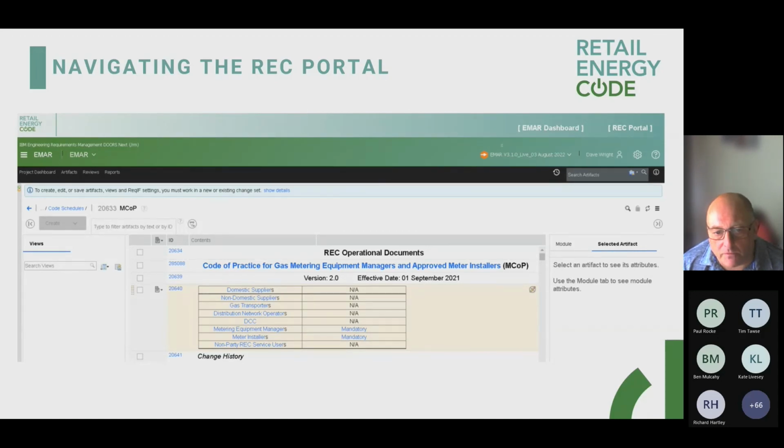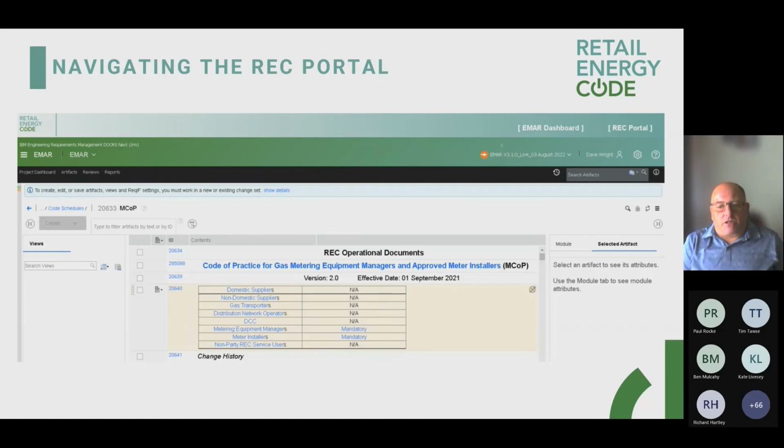When you go into the document, you can filter for whether it is in relation to an AMI or a MEM, so you can see the relevant parts. You can download these things, just be aware that once it's downloaded, it's a non-controlled copy.